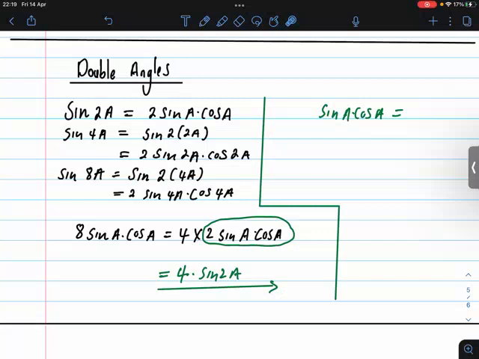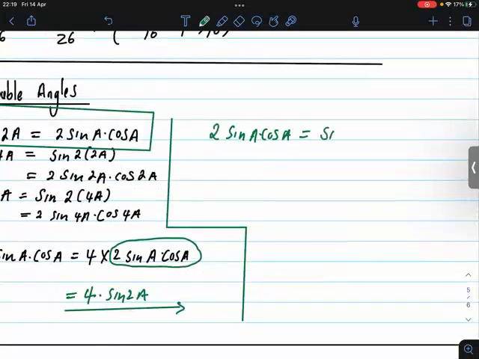So if you look at this properly, let me just put it this way. This is the same as that. 2 sine A cos A is the same as sine 2A, agree?